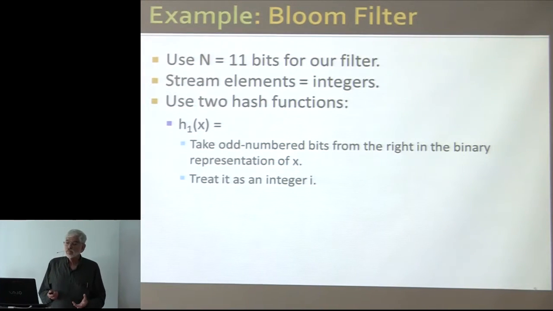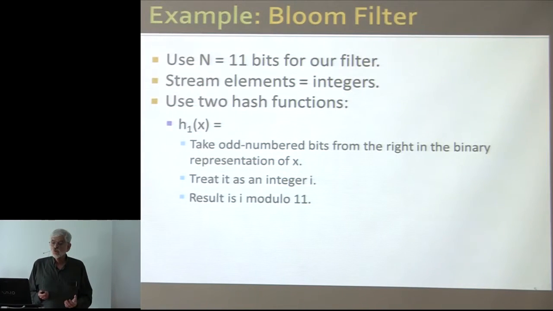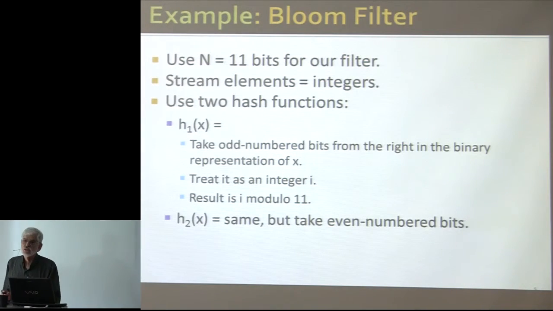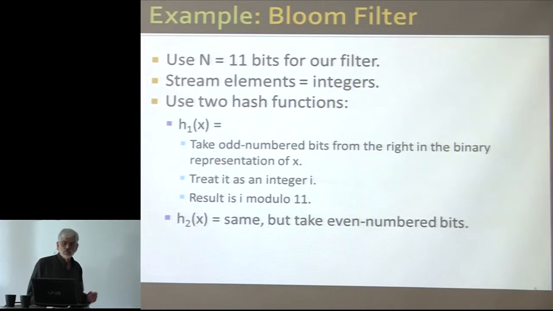And as an integer I, you take I modulo 11, and that's the bit of the array that you want to set to 1. And the second hash function is exactly the same, except it takes the other bits, the even position bits.